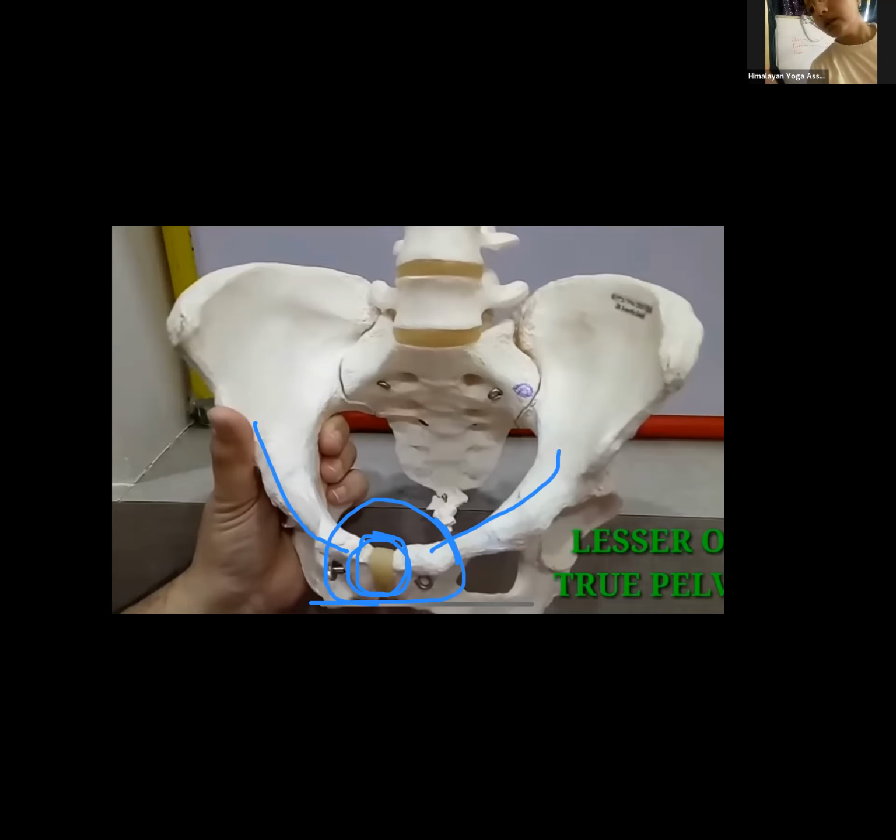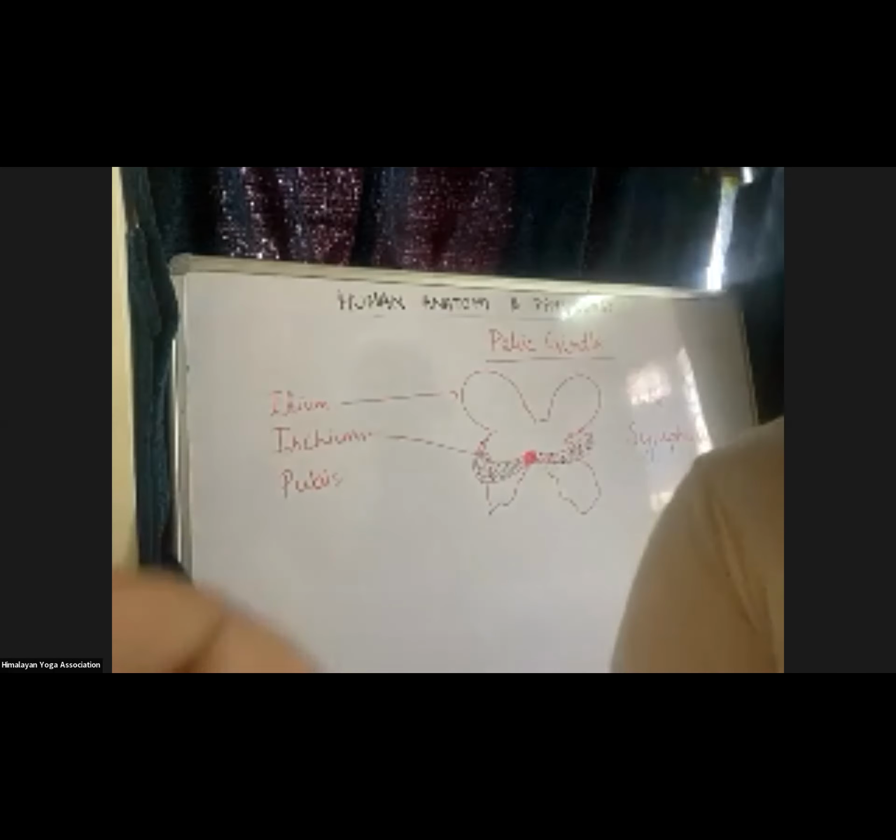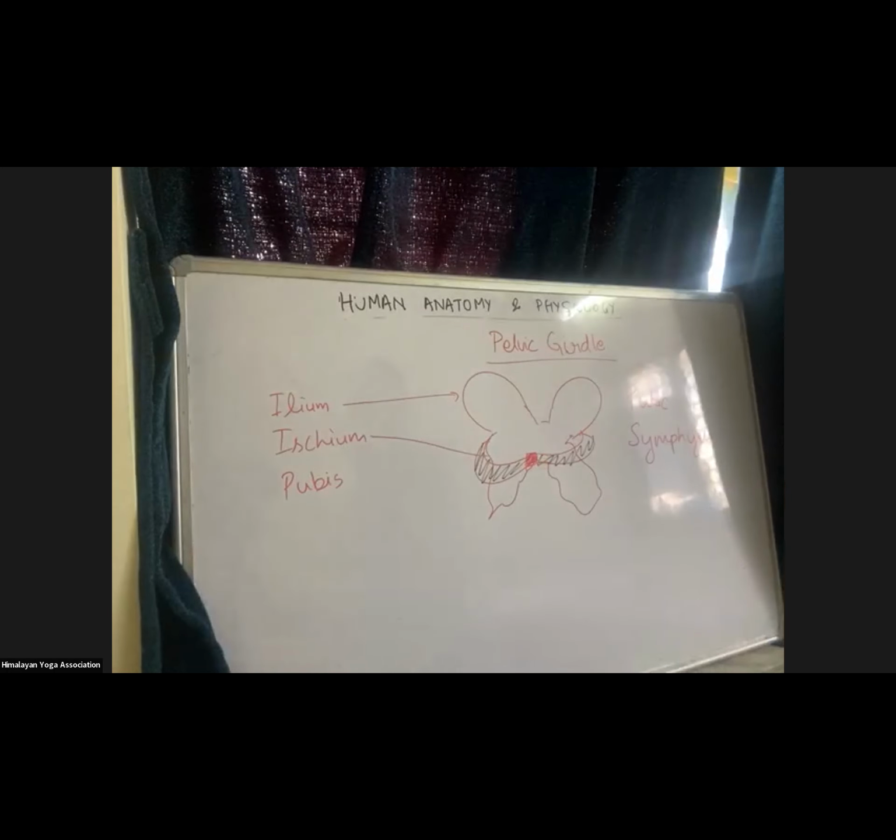You see this yellow thing? It is a cartilaginous joint of the two pubic bones, left and right. You can take a screenshot of this. This is the hip bone.